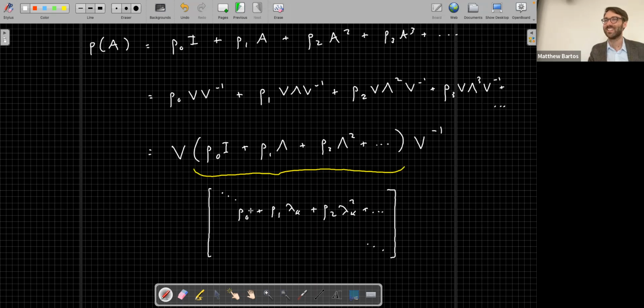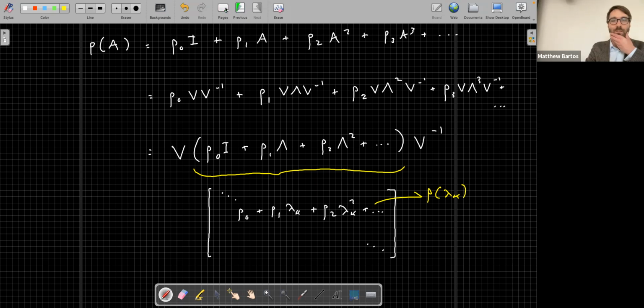Well, not quite. It's the Taylor series of what? It's not necessarily an exponential. So this is just some arbitrary function. Oh, yeah. Right, so this is P applied to lambda k. This is our function applied to the kth eigenvalue.